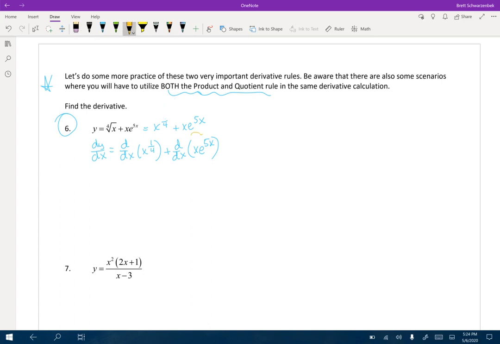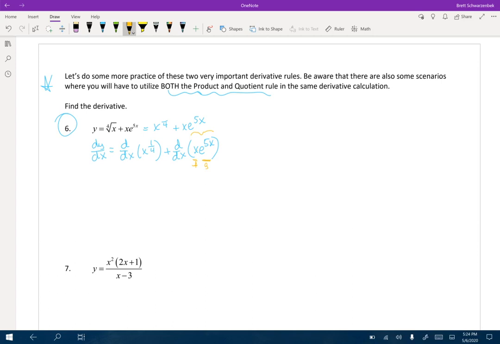What are you looking at right now? Well, I'm looking at an x and an e to the 5x that have nothing to do with each other. They're actually two different functions, f and g, that have a multiplication symbol between them. Not literally, but it's not there, but it's there. Which means, what rule do I need to find this actual derivative?